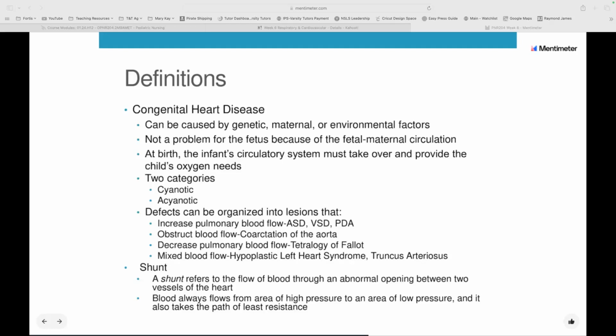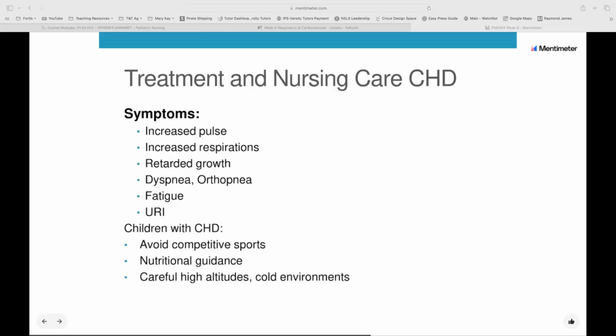When we're looking at treating children with congenital heart disease, looking at our overall symptoms, we're going to have an increased pulse and respiratory rate, trying to move oxygen through the body faster. They're going to be at risk for growth delays.